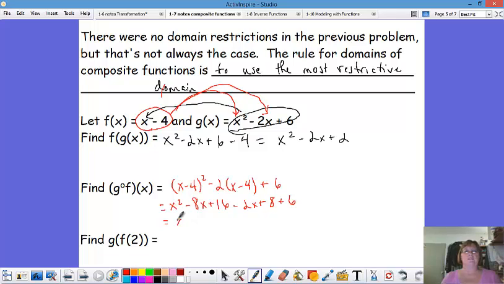We only have the one squared term, minus 8x minus 2x. That is minus 10x. Then we have 16, a plus 8, so that's 24, and a plus 6, 30. Okay, good, and we've composed these things both ways.